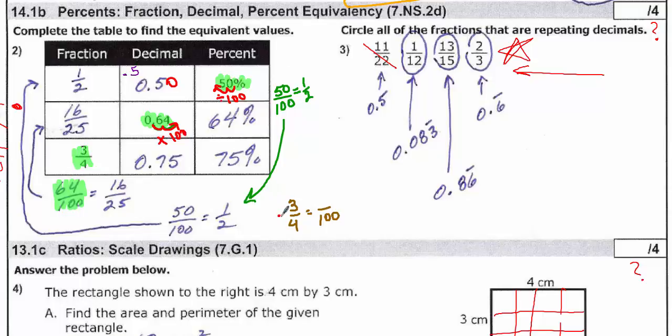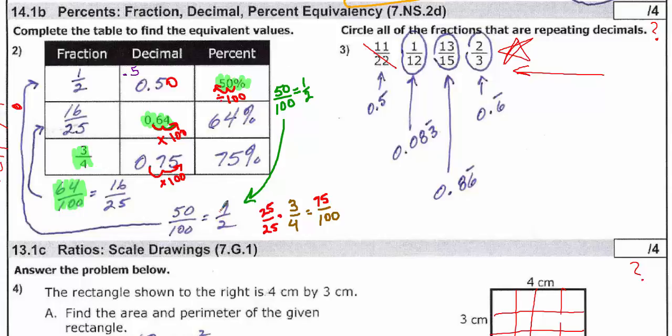Well, we know that it's 25 times 4, so it's 25 times 3. 75 hundredths, there it is, 2 places, hundredths, and then multiply that by 100 to make it into a percent.